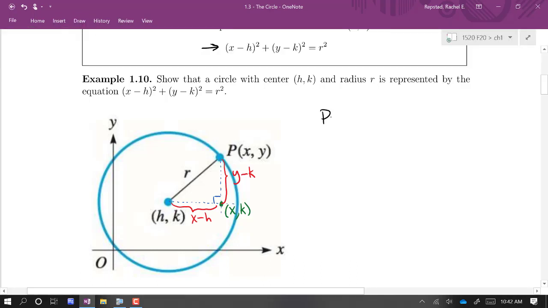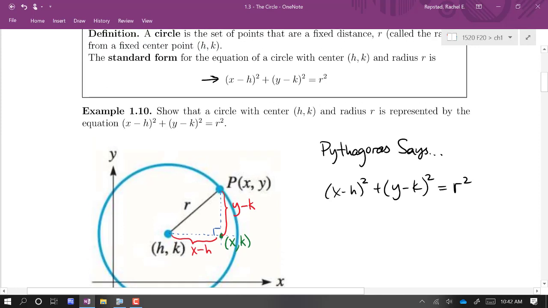And Pythagoras says that (x minus h) squared plus (y minus k) squared is equal to r squared. And that is what we have here in the definition above.